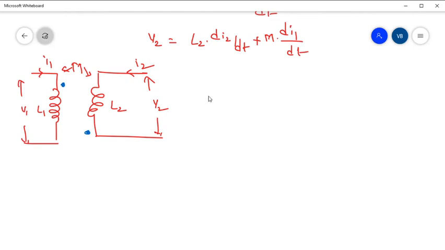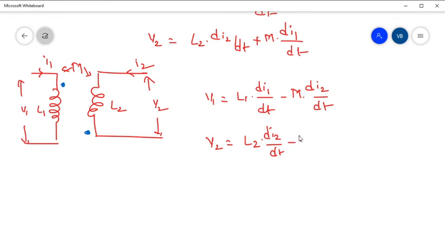I'll write directly. V1 equals first the self-inductance by the inductor L1, so L1 into di1 by dt, and both are opposite, so minus M into di2 by dt. Same thing, V2 equals L2 into di2 by dt minus M into di1 by dt.